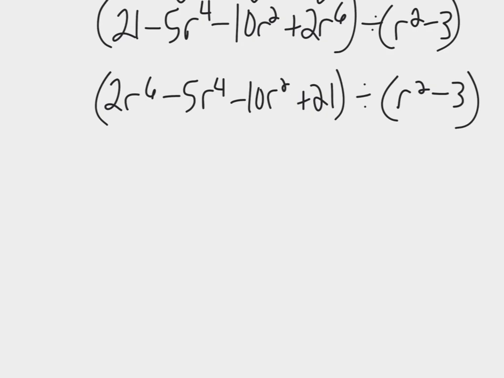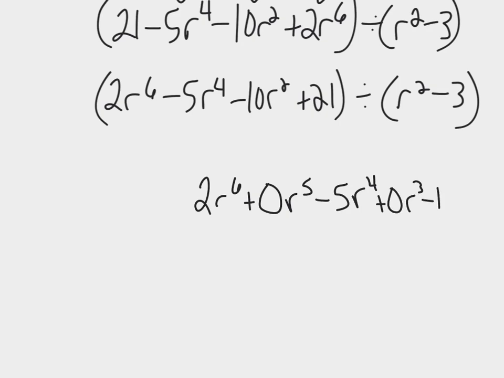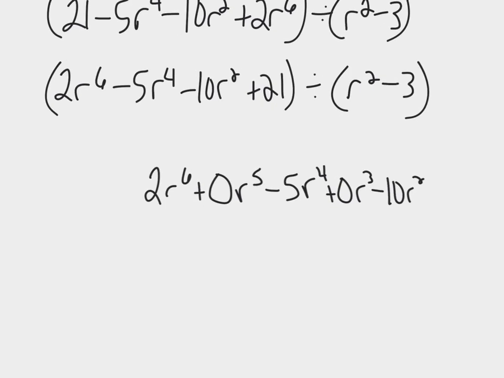And then the next thing, we are going to have to do long division with this. And like we talked about before, we are going to want to not have any skipped terms. So if you notice, it goes from r to the 6th to r to the 4th. So in between there, we can put a 0 r to the 5th. Also, we don't have a cubed term, so we could put 0 r cubed. We don't have an r term, so we can put 0 r.